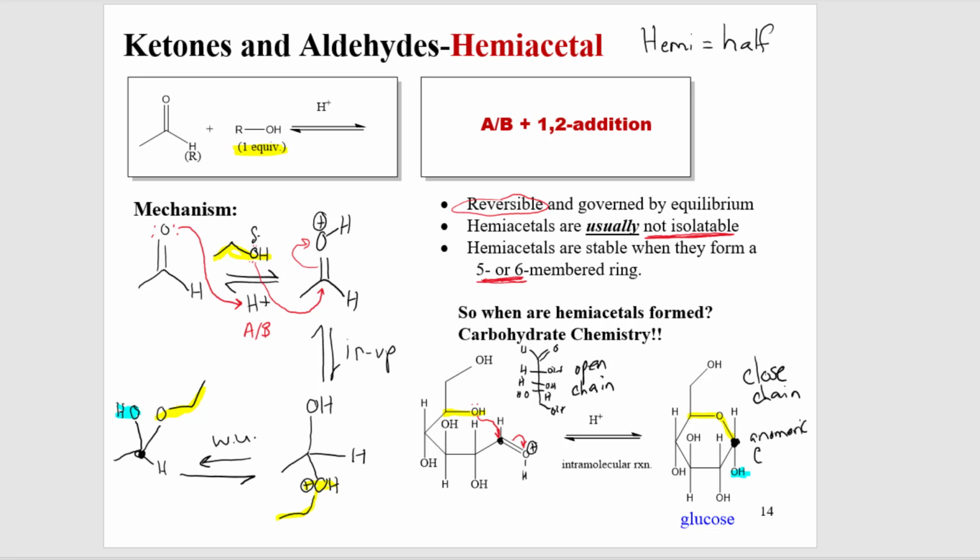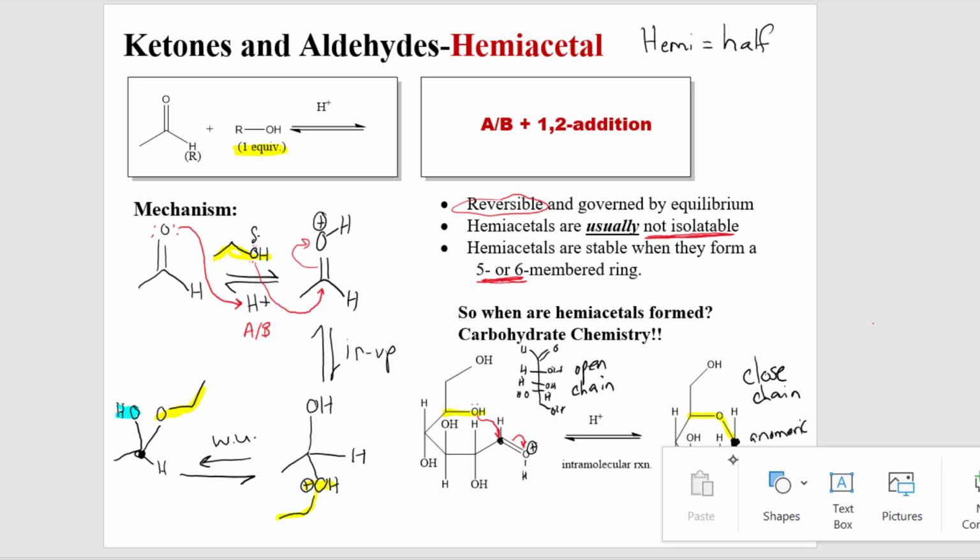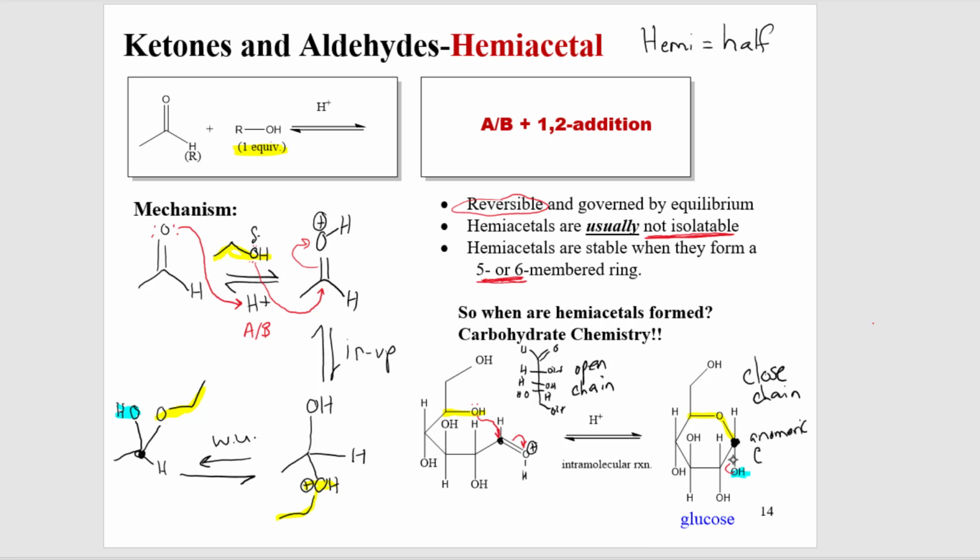And this can go backwards and forwards, backwards and forwards. It can ring close, as I showed in the in-up, or it can reverse back under acidic conditions. If it reprotonates, it can reverse back and open back up to its open chain configuration. So these are in equilibrium with one another.